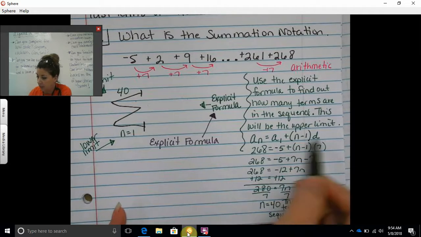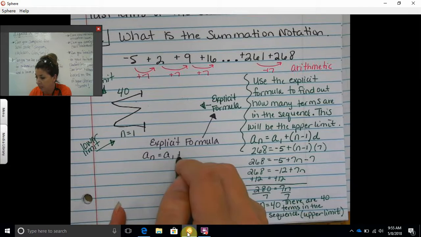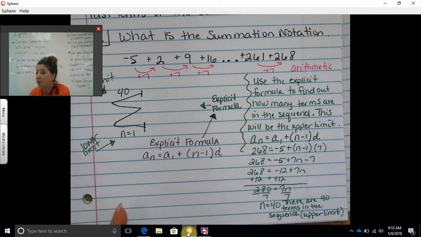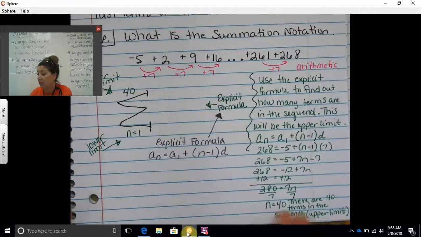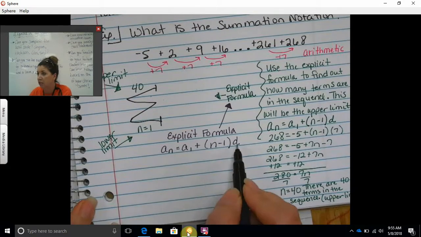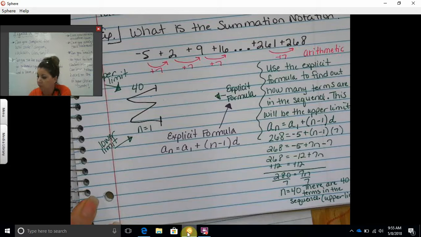So it's the same formula, a sub n equals a sub 1 plus, open parentheses, n minus 1 times d. I'm not trying to find a particular term, okay? So for the explicit formula for summation notation, you don't substitute anything in for n. You only substitute in your first term and your common difference for summation notation, okay? It's like you're trying to find the formula, basically.